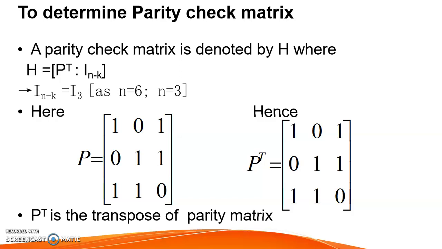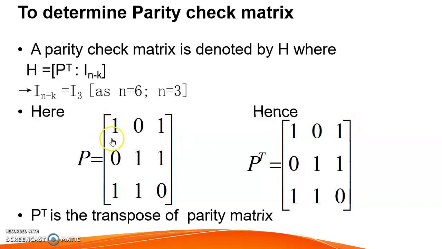First, we have to separate the parity matrix P from the generator matrix. We first identify the parity matrix, then take its transpose. Transpose means all row elements are converted into column elements and vice versa.